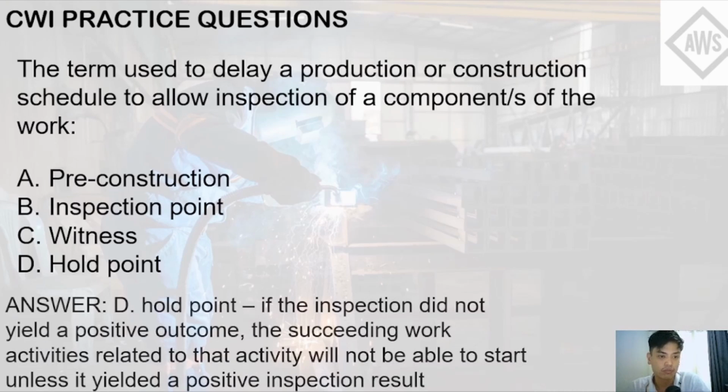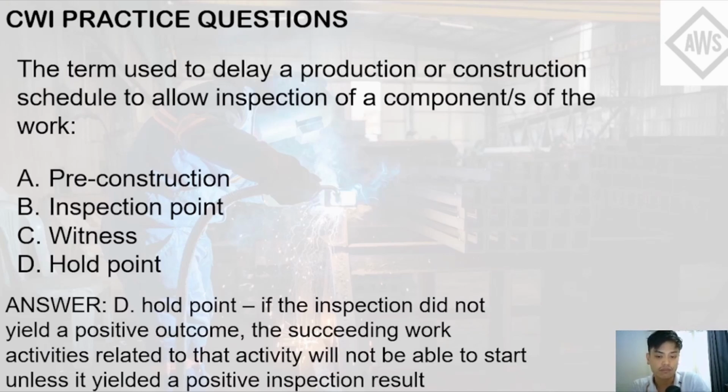So what's the impact of a hold point? The hold point is if the inspection did not yield a positive outcome, the succeeding work activities related to that activity will not be able to start unless the test yielded a positive result. For example, the welding inspector may need to inspect first the weld joint preparation done by the fitters or the welder itself before proceeding with the root pass, the hot pass, etc. So he may indicate in the inspection procedure or the test plan that the inspection for the joint preparation is a hold point.